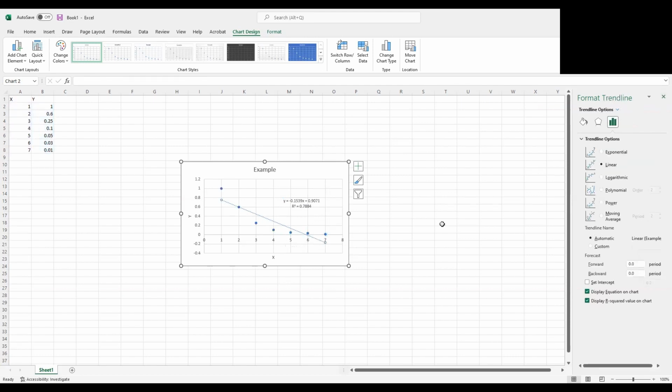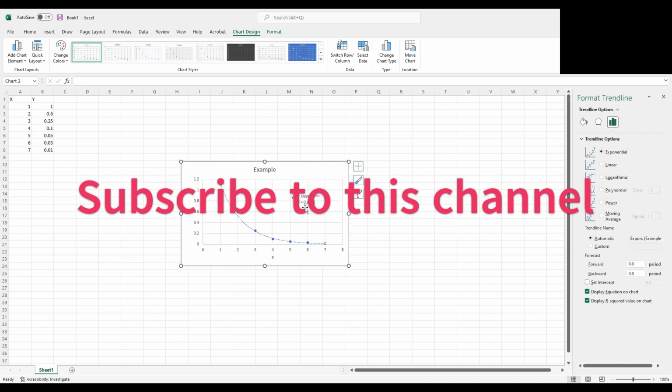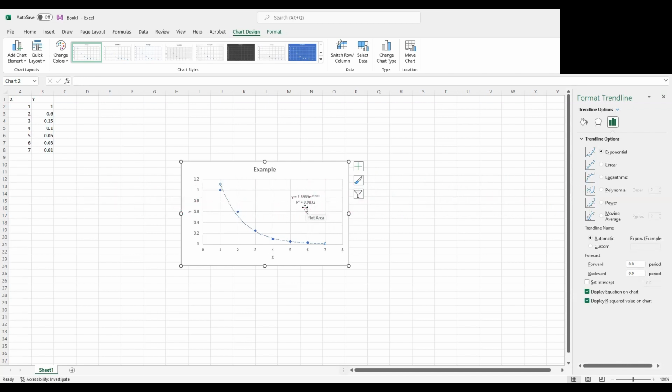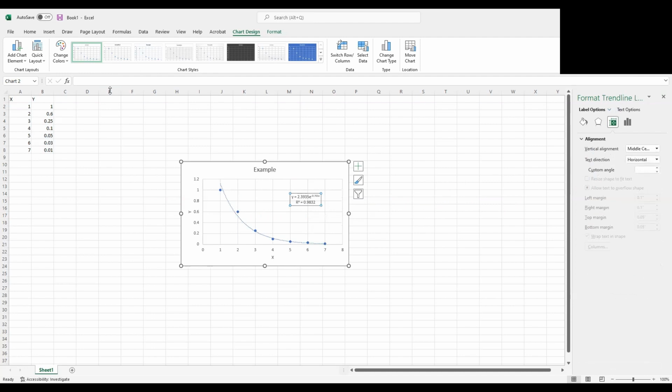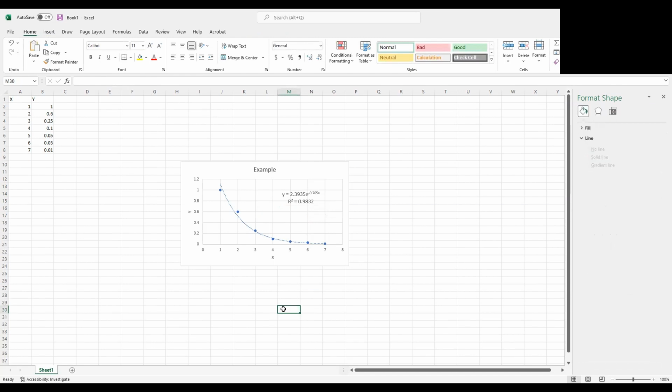For example, let me use an exponential. And when I have the exponential, now my R squared is very, very high, and I can see the equation that describes the data set. So I can present the equation in my graph.